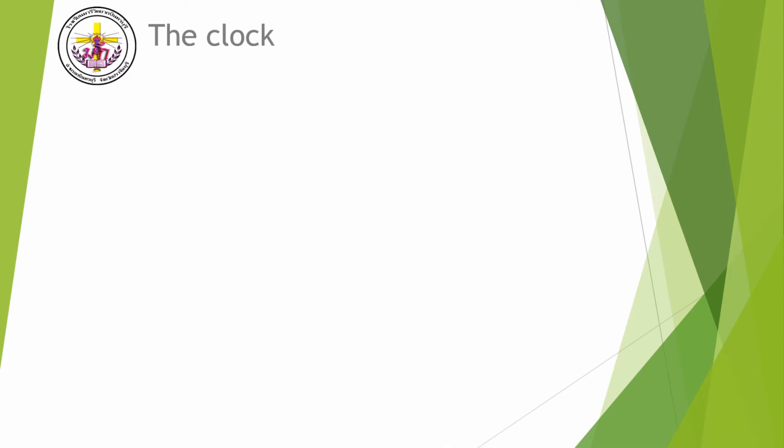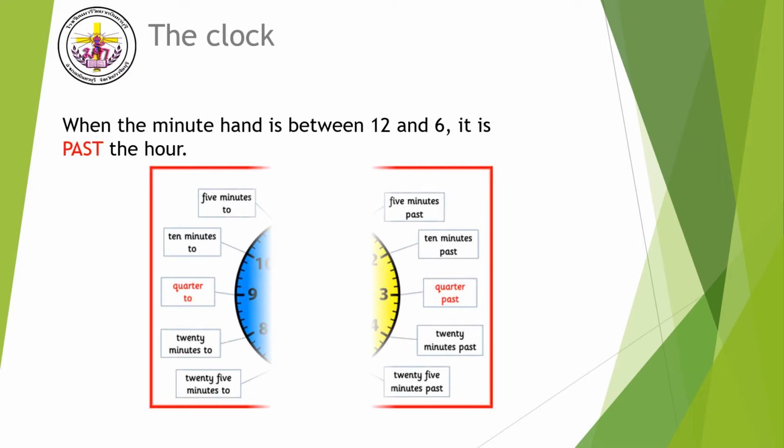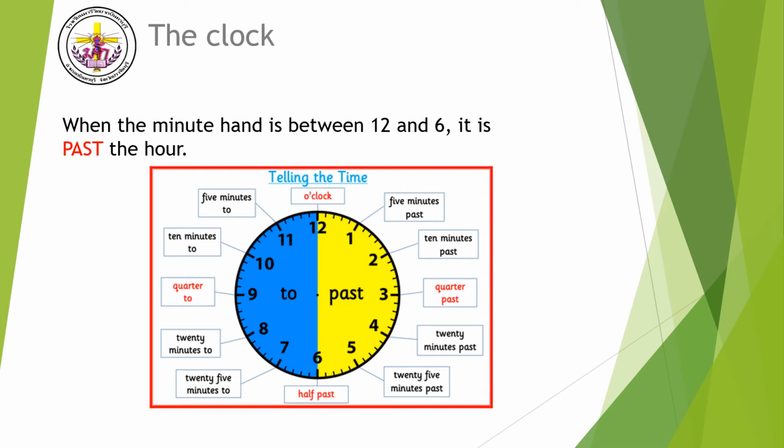How to tell the time? When the minute hand is between 12 and 6, it is past the hour. For example, it's 10 minutes past 2. Or you can tell it's 10 past 2.